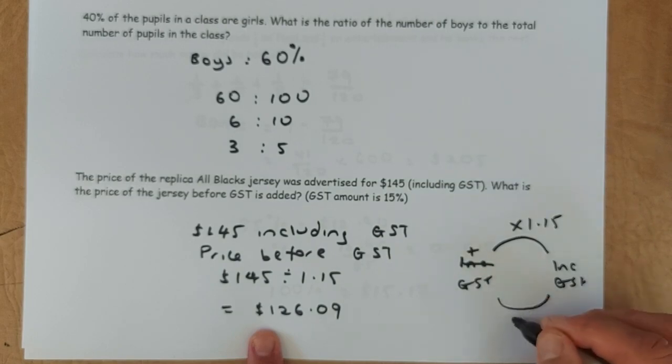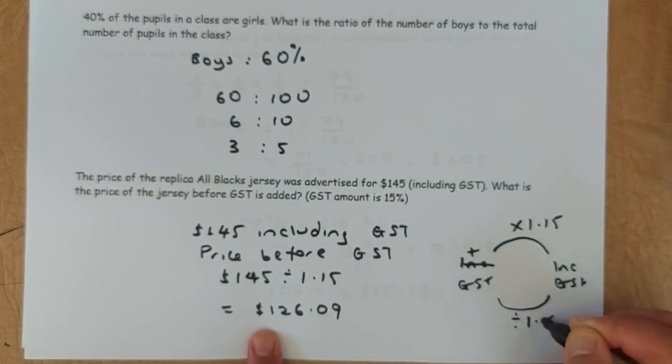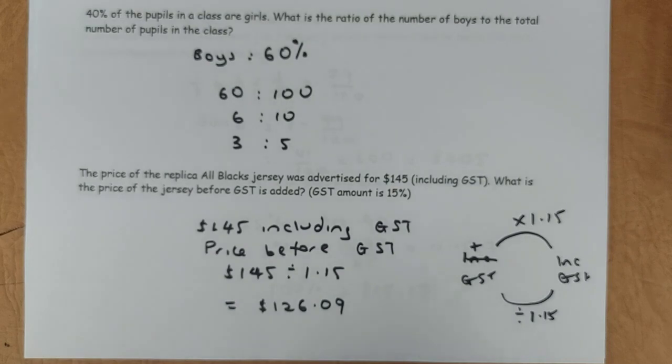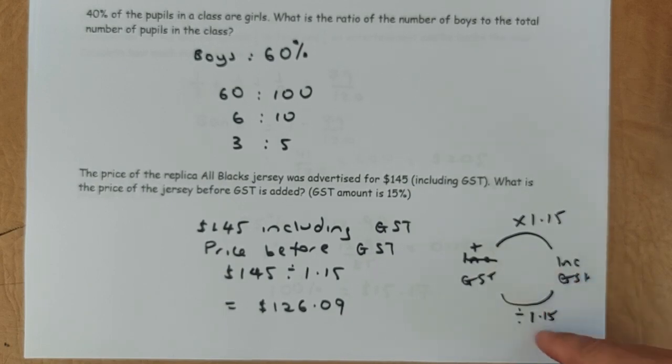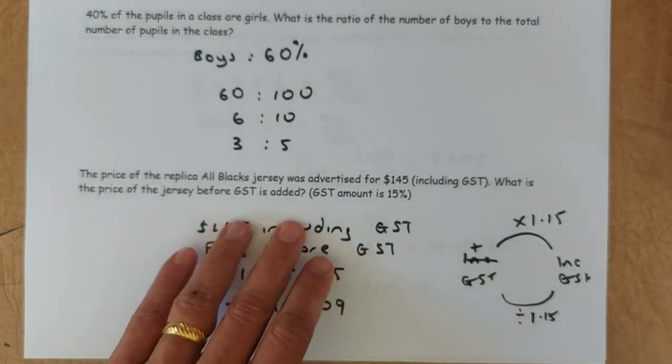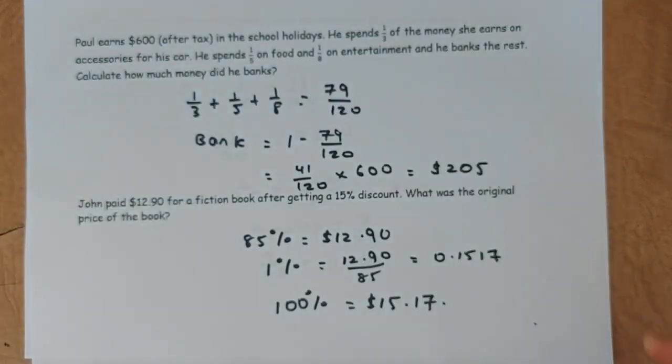If you are including GST and you want to find before GST, you divide by 1.15. So now we are on this side, $145, and you want to find the price before GST. So 145 divided by 1.15, and the answer is $126.09. Okay, great.